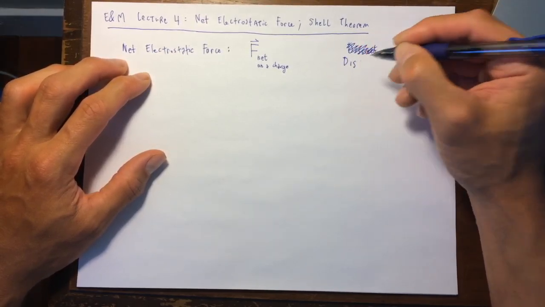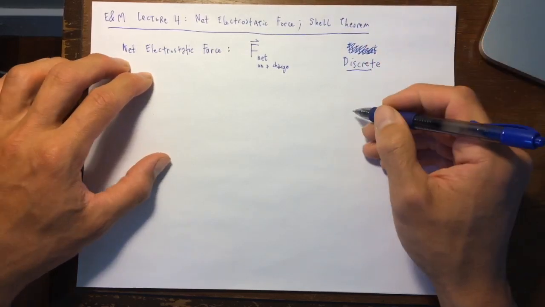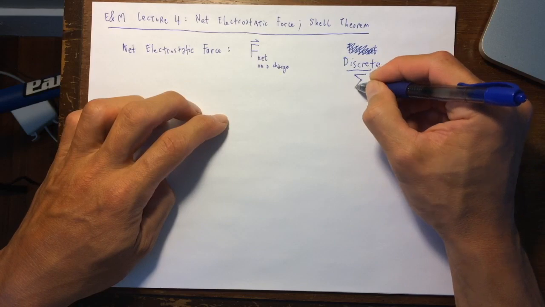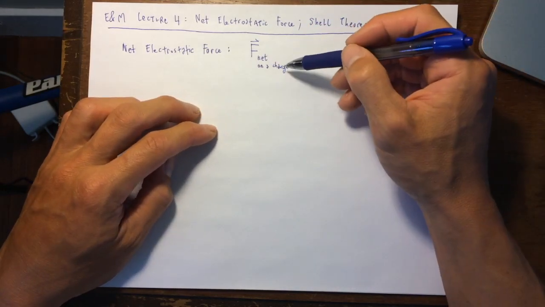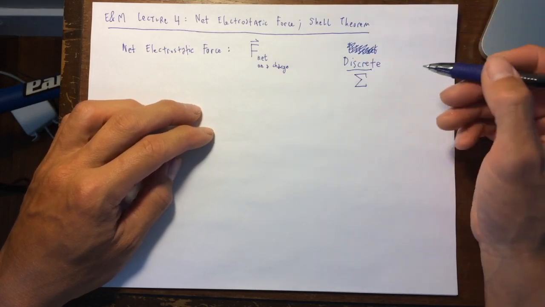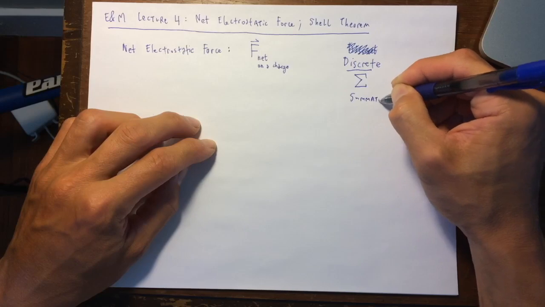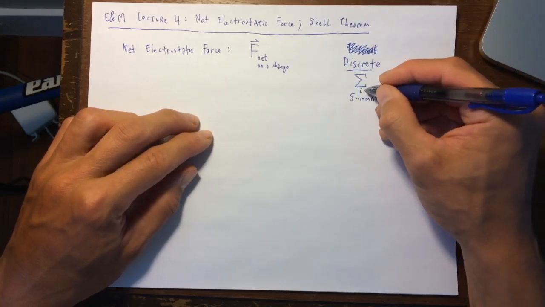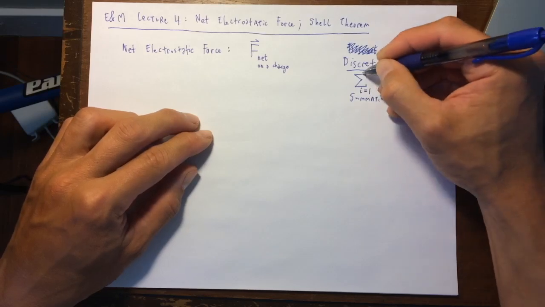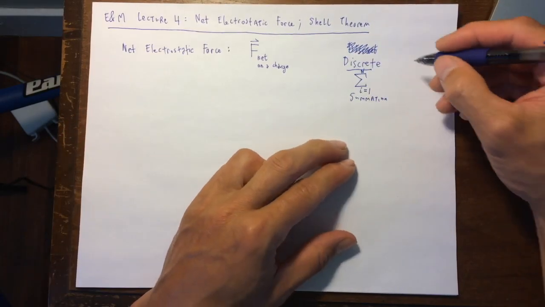And I indicated in the introduction to this video that you can start off thinking about the discrete case. In order to add up the net action or force on a charge, I can use a sigma, like a summation symbol. And it has an index, and maybe the index goes from 1 up to n or something like that. More on this in just a second.